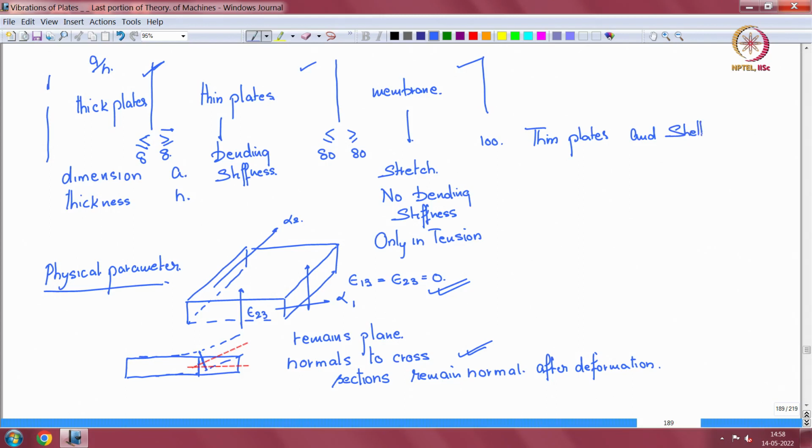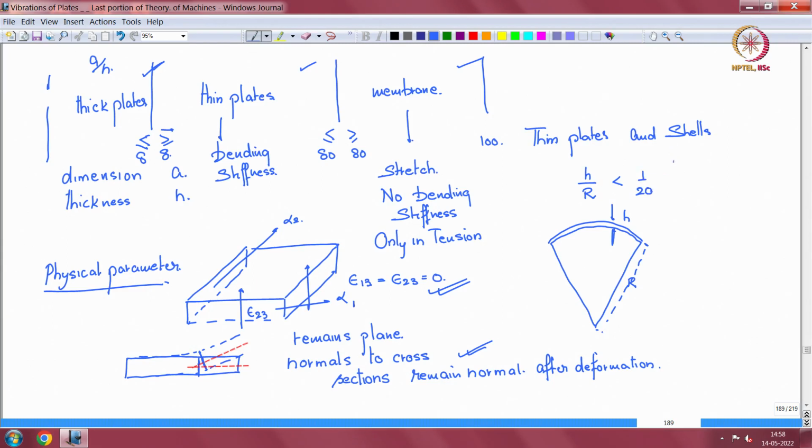And one more thing with respect to shells is the thickness over R, the radius of curvature. So, this is a thin shell, so the thickness over the radius of curvature, measured from the middle surface, is less than 1/20.